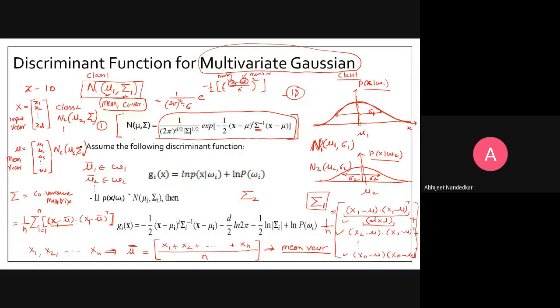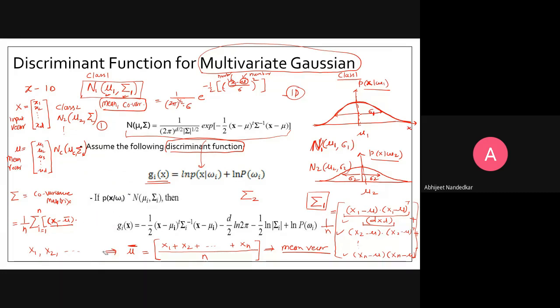Now, once I do this, we have to substitute this information in our discriminant function. The discriminant function was gi(x), which we defined earlier. Now in that gi(x), I substitute this normal distribution form and simplify it.